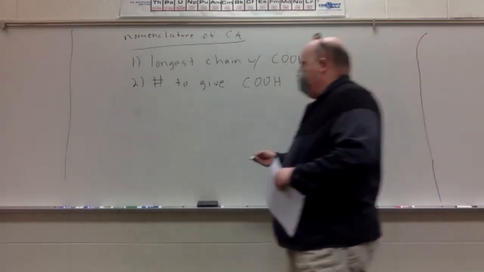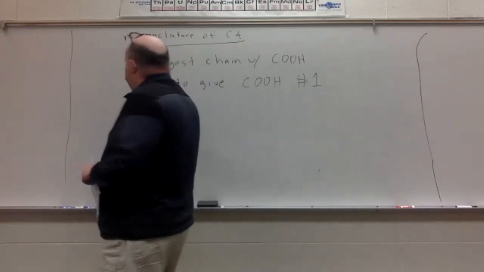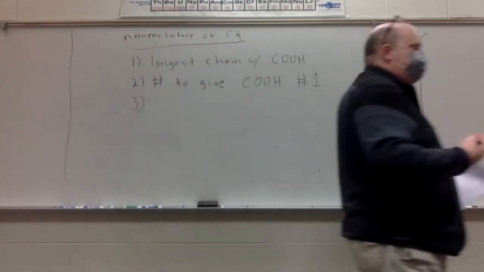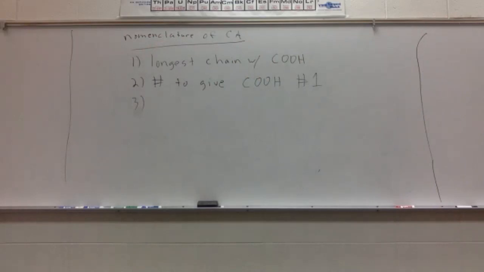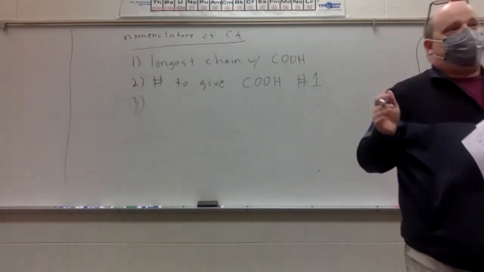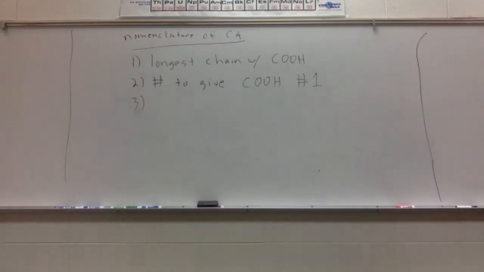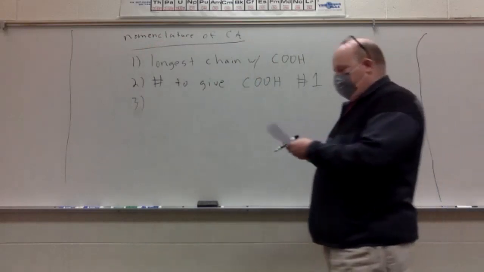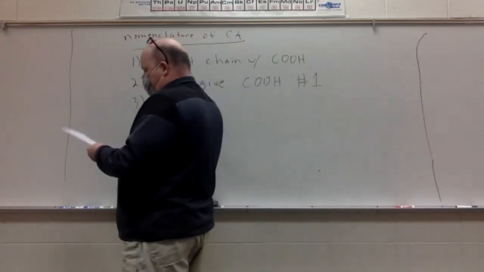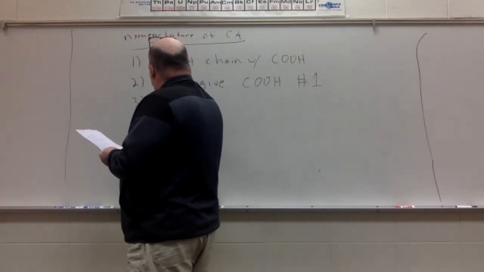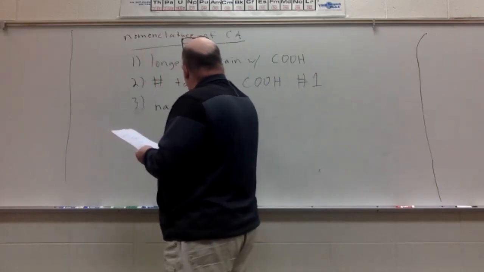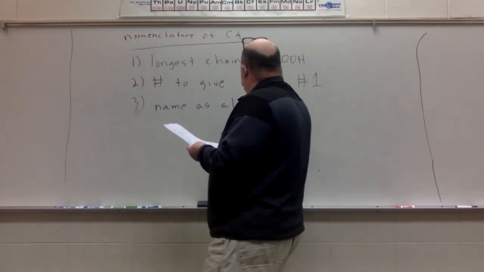Now, how do you actually write this as far as suffixes? It depends. Remember how we did aldehydes, where we had one thing for the acyclic and one thing for the cyclic? We got that again. Why? No idea, because it's stupid, but them's the rules, so we follow them. Here's what you do. You name it as the corresponding alkane.